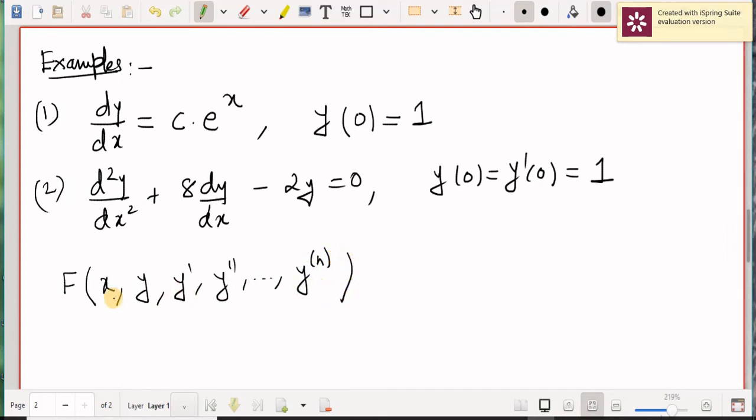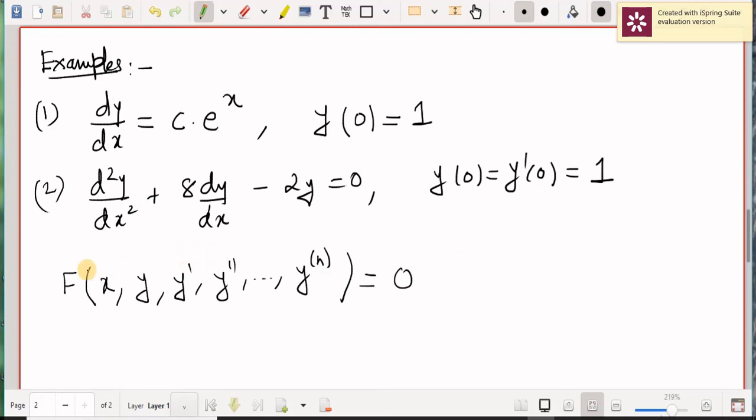This y prime, y double prime till y raised to n denotes the differential coefficient of y. So this is a function containing the independent variable x, the value y, the first derivative, second derivative of y, and so on till nth derivative of y, equal to some constant or equal to 0. Okay, I can put the constant on the left hand side, so I take it equal to 0.